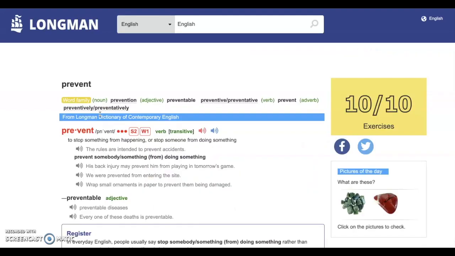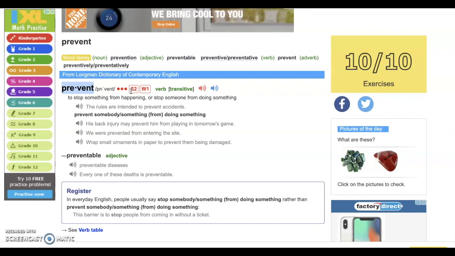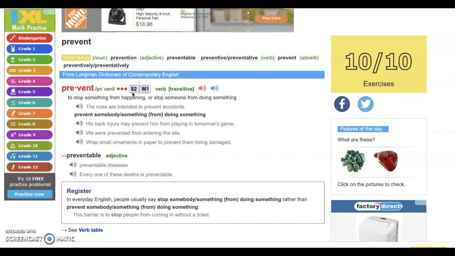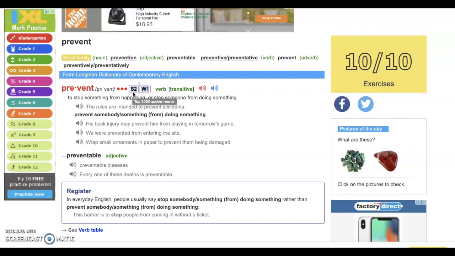Let's look up the word prevent, for example. Here we have the verb prevent along with all the information that the other dictionaries give us. But then you also have S2 and W1. Now, S2 means that this is a level 2 spoken word.